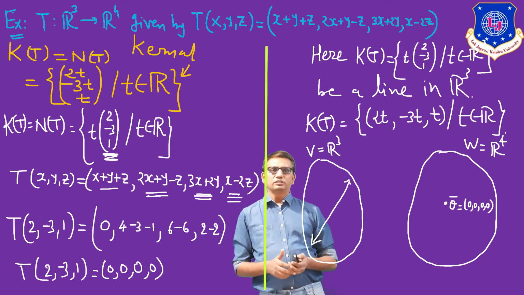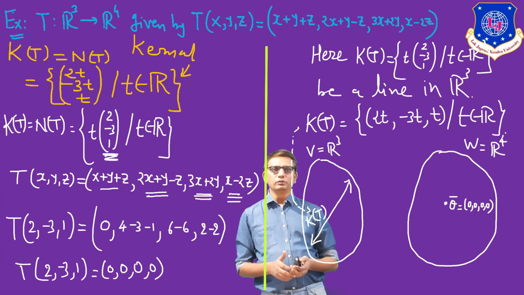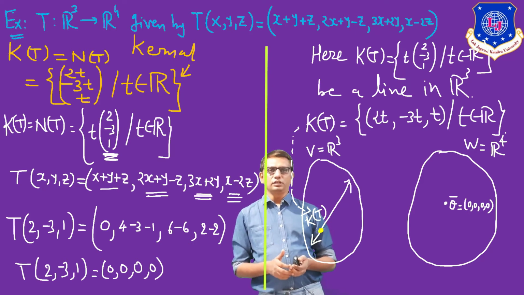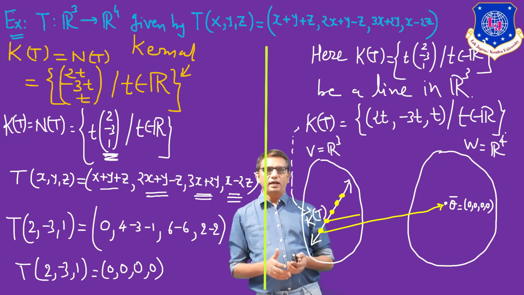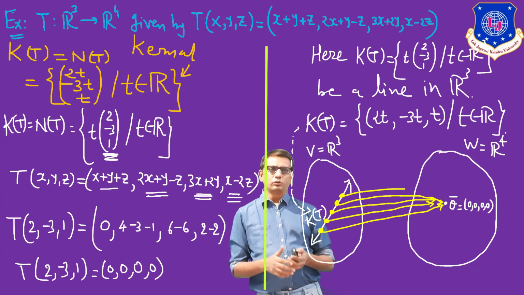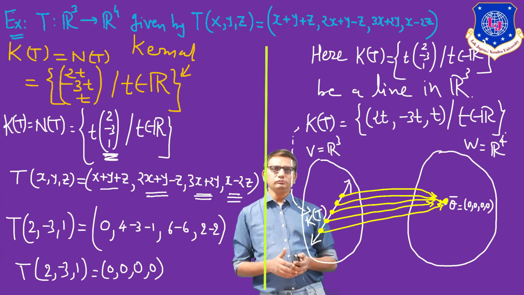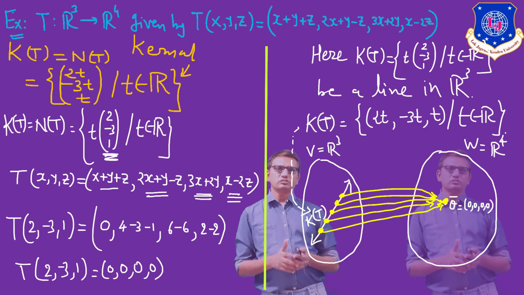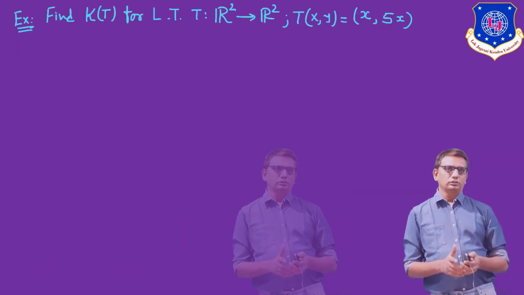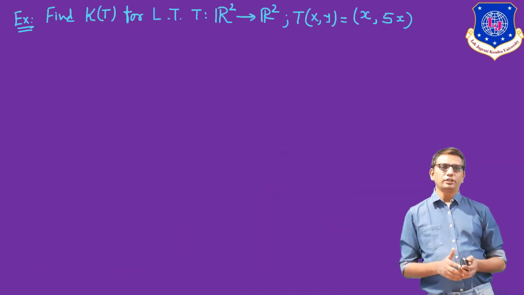And 0, 0, 0, that is theta bar, our zero vector in R4 W, and this is a line which is our kernel of T, and all the points on this particular line have an image 0 under this linear transformation. So that is the concept of kernel of a linear transformation.